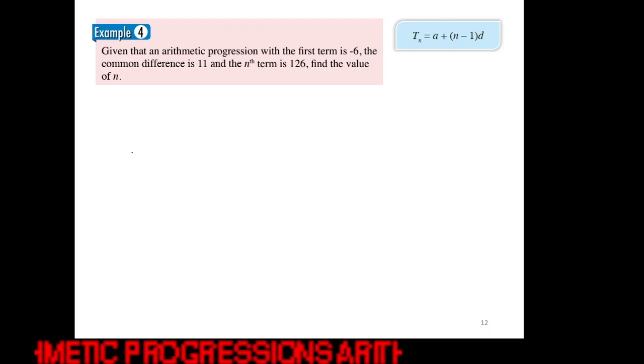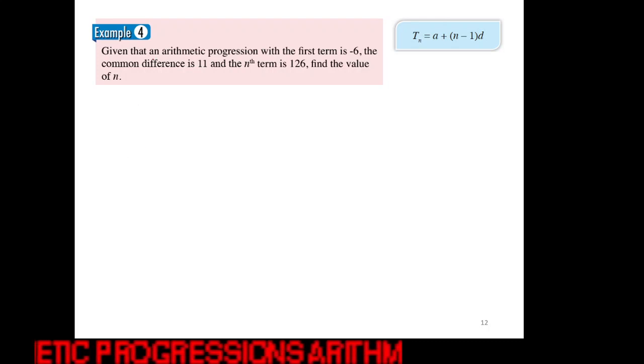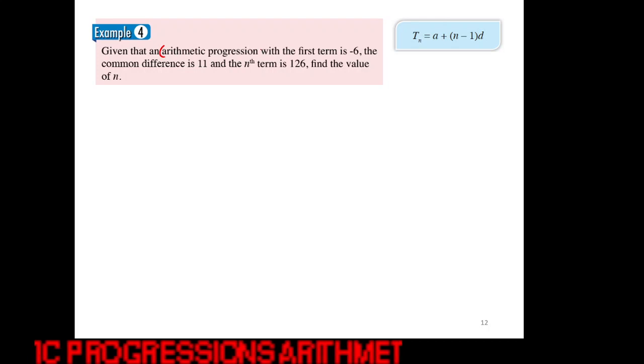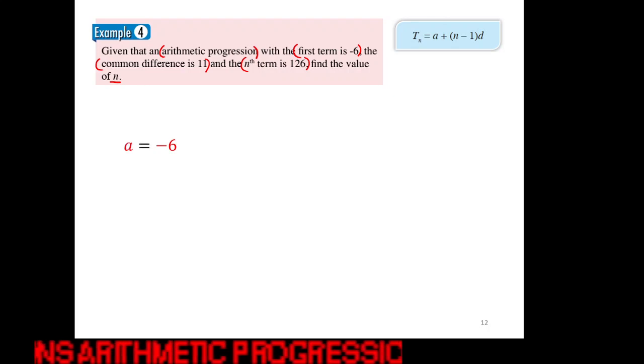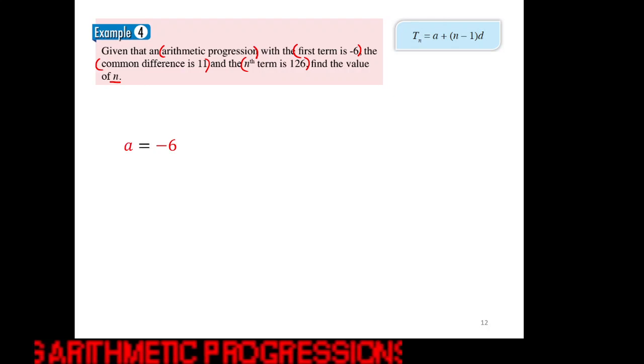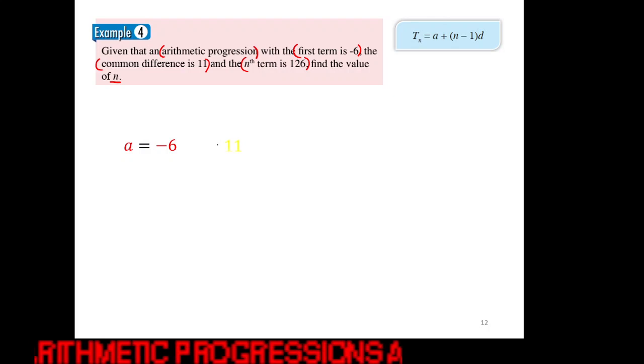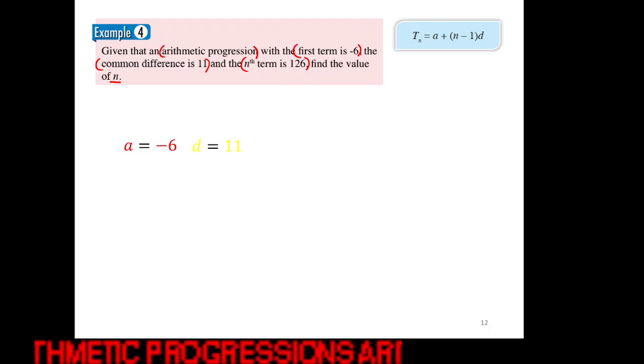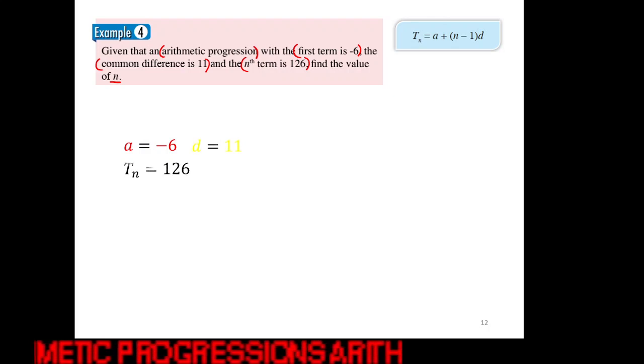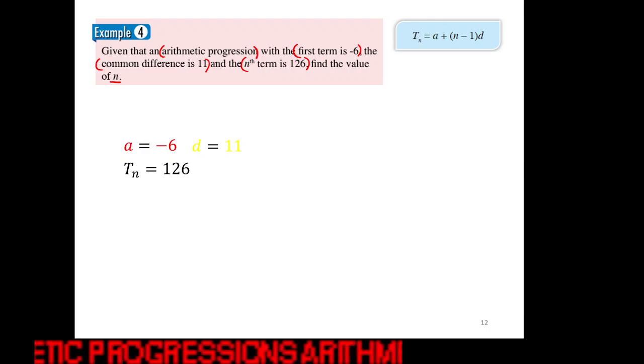Alright, let us look at example 4 here. Given an arithmetic progression with the first term negative 6 and the common difference 11, and the nth term is 126, find the value of n. So first of all, the A is given, negative 6 in the question. D is also given. And Tn is equal to 126.